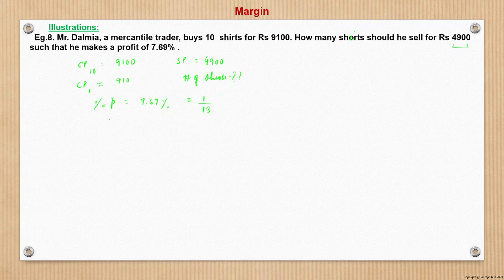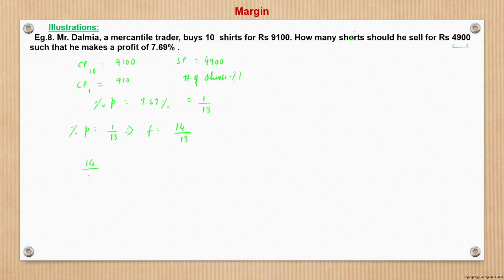So now see, this percentage profit of 1 by 13, from here we can say the multiplying factor is 14 by 13, since this is a profit. Had it been a loss of 1 by 13, it would have been 12 by 13, but here it is a profit, so it will be 1 plus 1 by 13, which is 14 by 13.